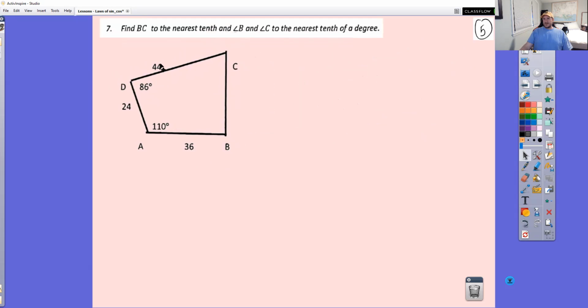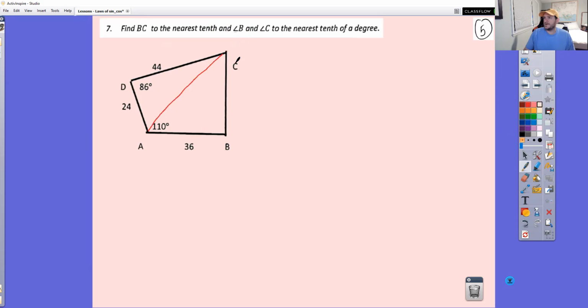So the idea with this problem is we have to find BC. So the way we'll find BC is we'll chop this thing up. Chop, chop, chop. And so by drawing in that line, we've basically just made a triangle, DAC. I still hate that C is over there.